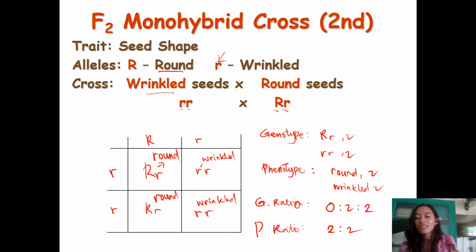So what are the chances? Looking at this, you have a 50% chance of round, and another 50% wrinkled.